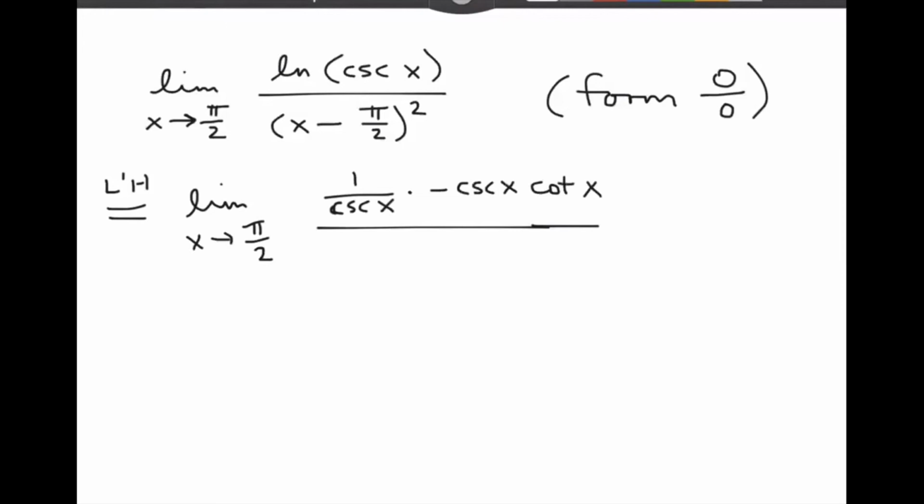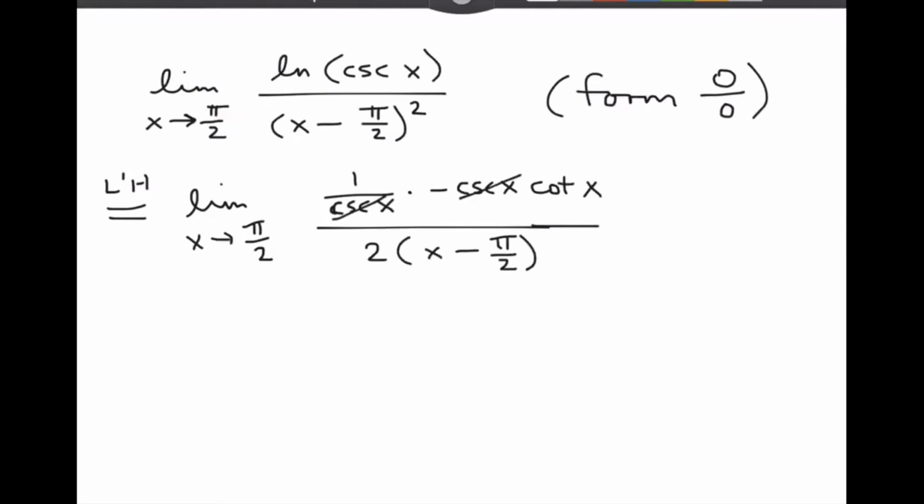And then the derivative of x minus pi over 2 squared is 2 times x minus pi over 2 times the derivative of x minus pi over 2, which is 1. All right, so what do we have here? Well, the cosecant x's drop out.